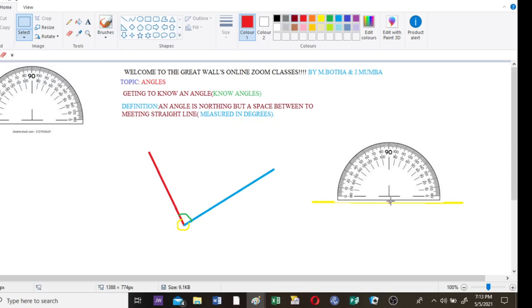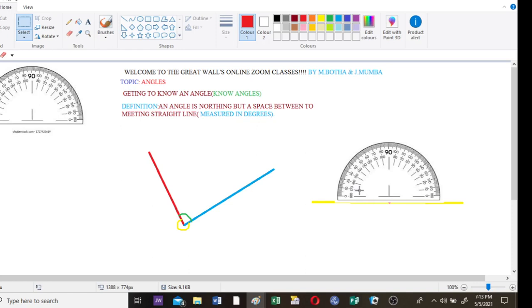Okay. So how do we measure the angle? The protractor has two scales. There is this one, the outer part, and the inner part. The inner scale, we use it when we are measuring an angle from right to left, or if we are going anti-clockwise.